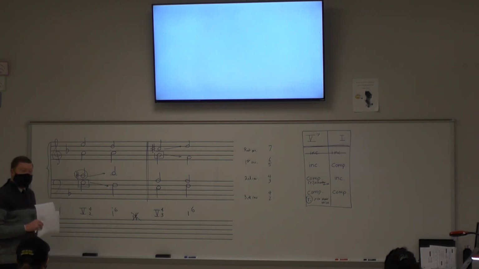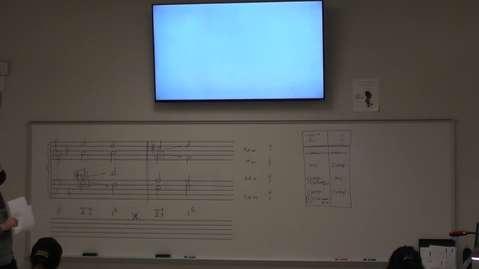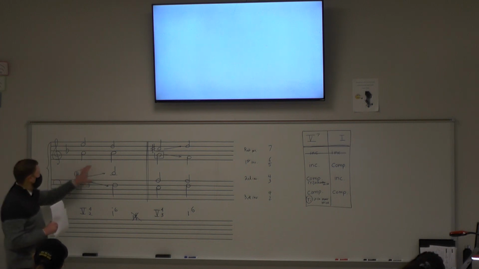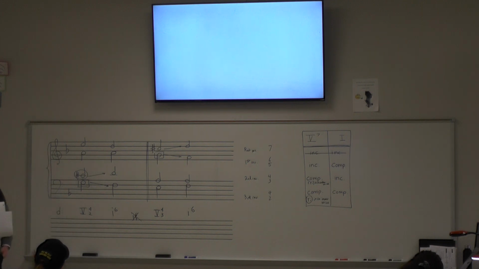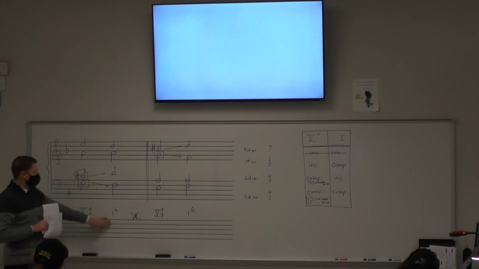And the sooner students understand that, because they know they have to resolve the tendency tones, the easier it's going to be to know what goes to what specifically. What inversion goes to what inversion, that kind of thing. Because it's all dependent upon where the tendency tones are. When they're down here, I have to end up with a 1-6.